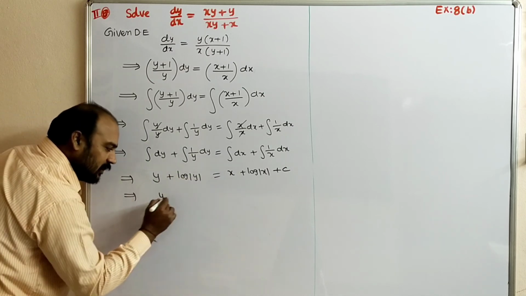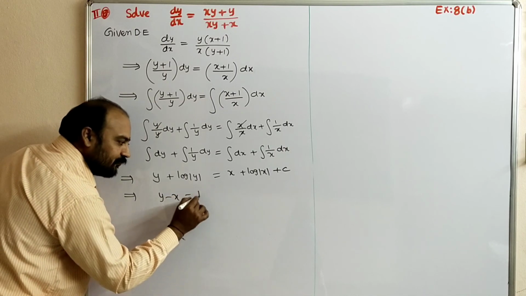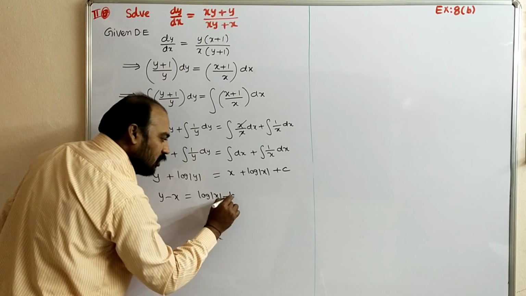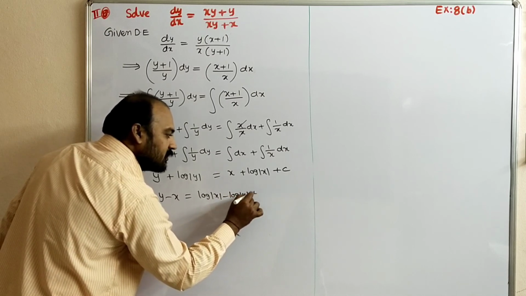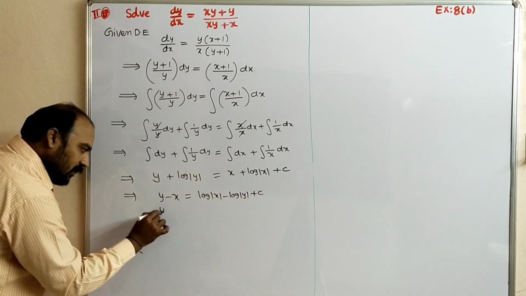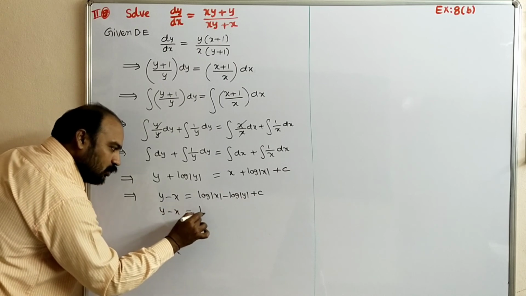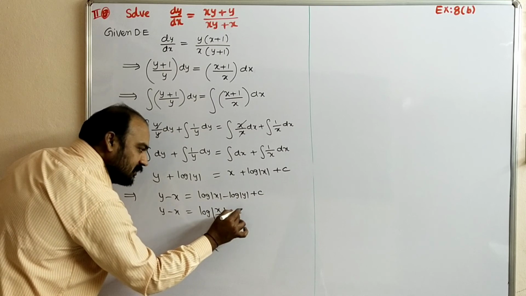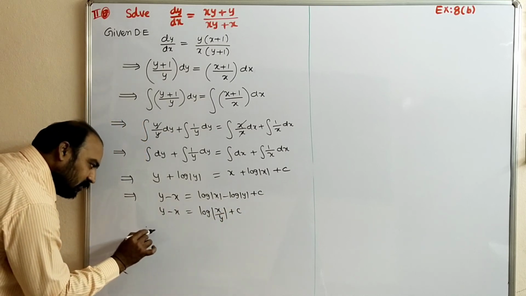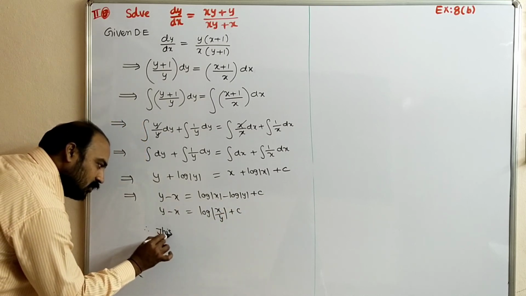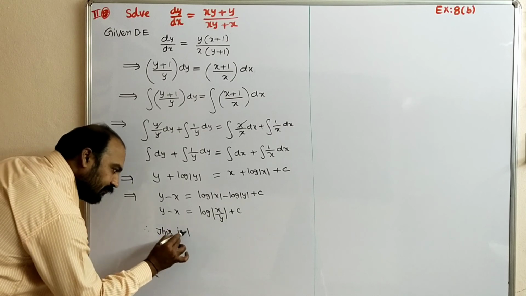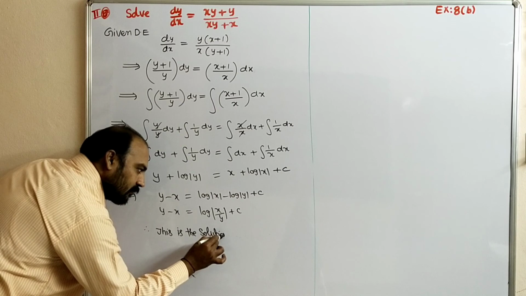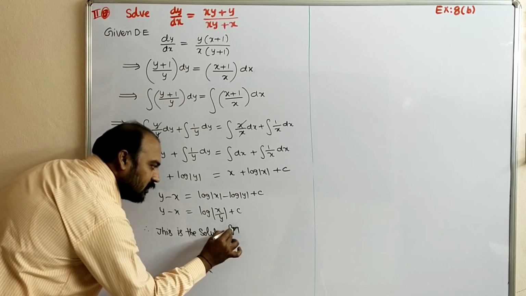So y minus x is equal to log mod x, this log y we are taking this side, minus log y, plus c. So y minus x is equal to log a by log b, that means log of x by y, plus c. Therefore, this is the solution of the given differential equation.